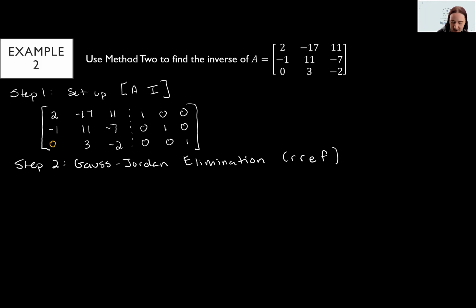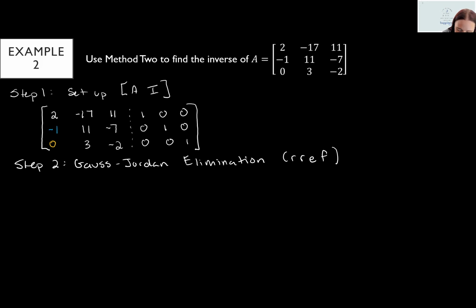Then the next thing I want to do is get a 0 above that. I want to get that -1 to be a 0. That's my goal, and I can do that by multiplying that second row by 2 and then adding the first row to it, because that will cancel out that first spot.